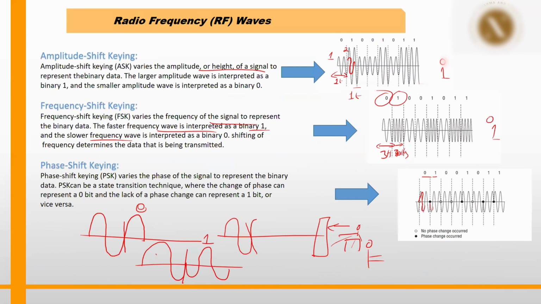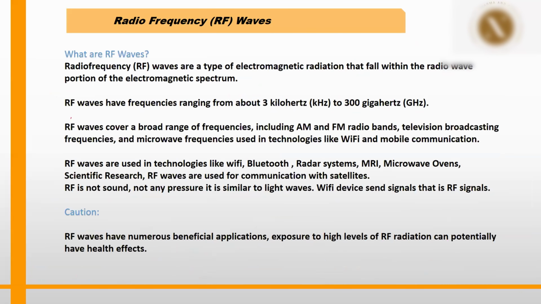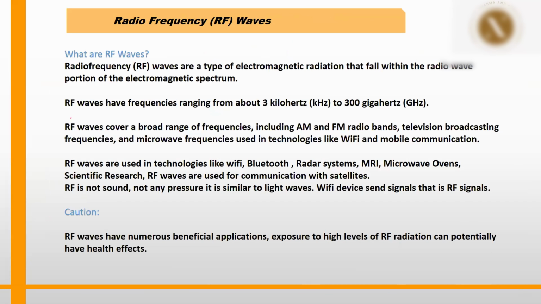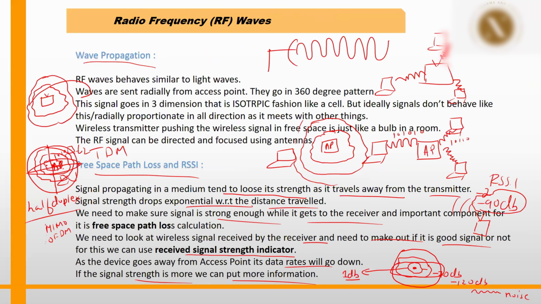But today's class was to understand how an RF wave behaves and what the different electromagnetic waves present in the electromagnetic spectrum are. We know that we are going to use RF waves to send the Wi-Fi signals, and how you can modulate the signals, in very basic terms. We will learn even more complex technologies for modulating signals.